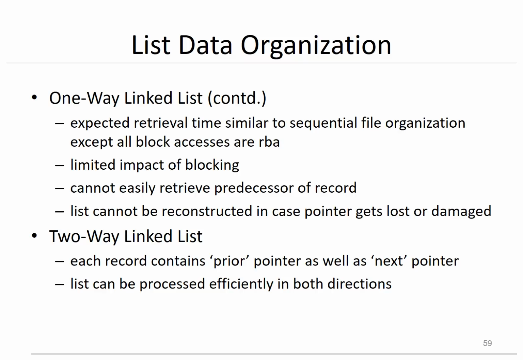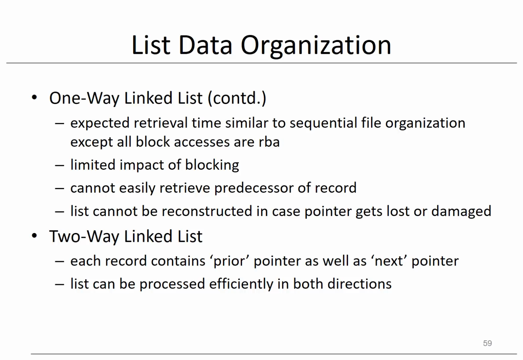Both disadvantages are resolved with the two-way linked list method. In a two-way linked list, each record contains a prior pointer as well as a next pointer. In this way, the list can be processed efficiently in both directions.